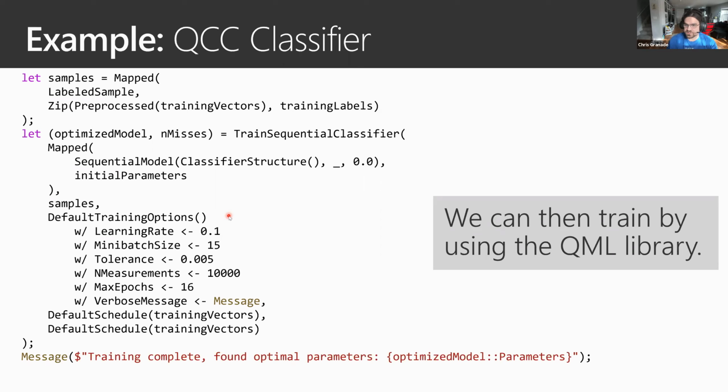The mini batch size, so how many of the training samples do I use in evaluating each gradient step, as well as things like tolerance, what my stopping criteria is as I train. But then there are ones that look a lot more quantum, such as the number of measurements, how many times I have to prepare the classifier output and measure to get a good estimate of the label for an individual sample.